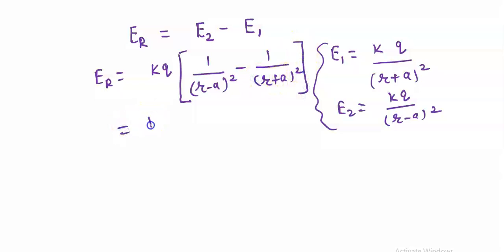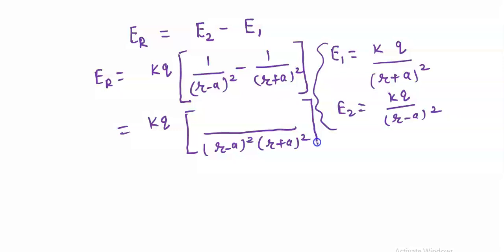And then we can take the LCM. This will give R minus A square into R plus A square. And then R plus A square will go here, so it will be R plus A square minus R minus A square.